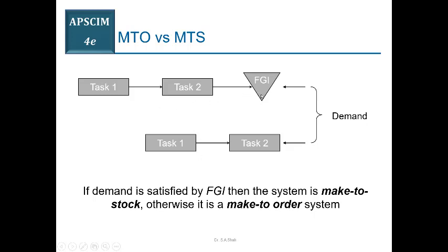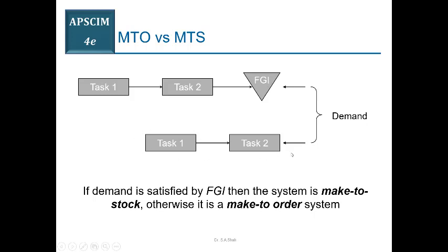So if the symbol is like this, it represents the make to stock, or you can say production to stock philosophy. When the demand is put by a customer, the finished good inventory is available, and simply the system will deliver the products to the market, or you can say to the customer.